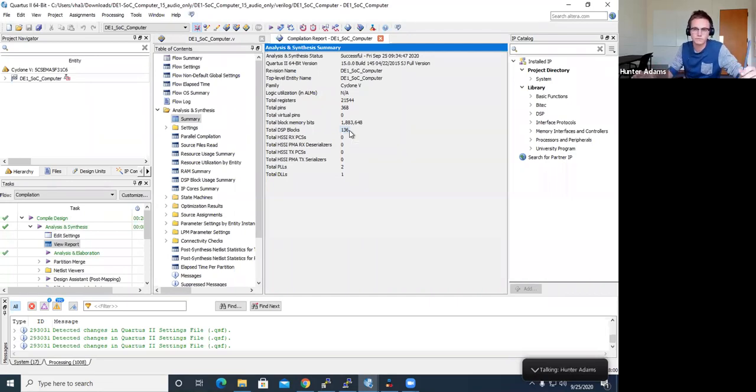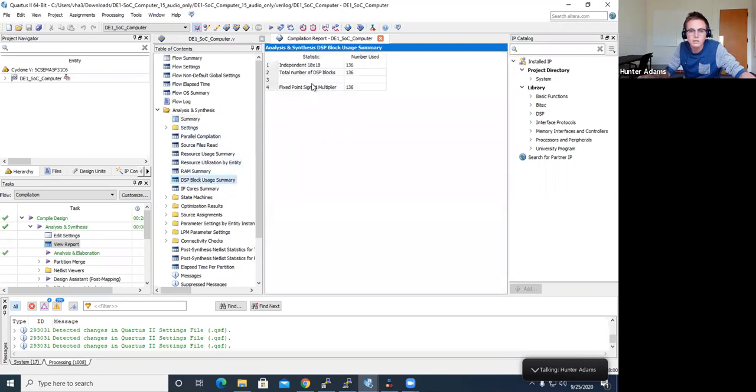I ran out of that before I ran out of multipliers. But this is where you can go as your project is compiling to see what resources you're using. Total block memory bits. You can get some more details about your DSP block usage, for example. So it'll show you how many independent 18 by 18 multipliers are being used and the total number of DSP blocks that are being used.